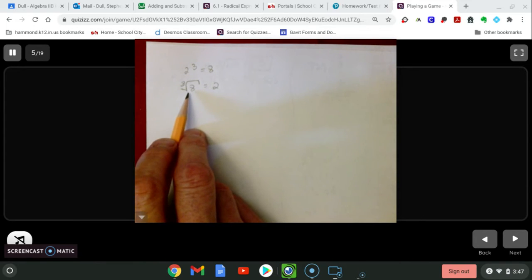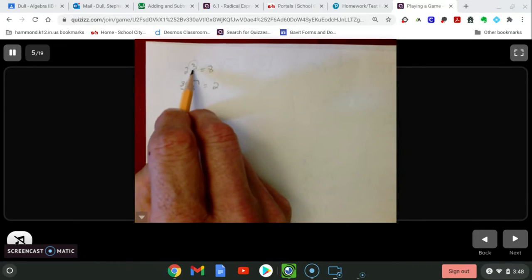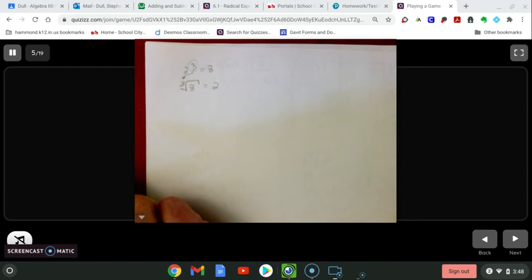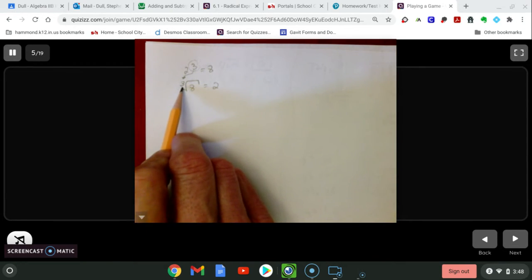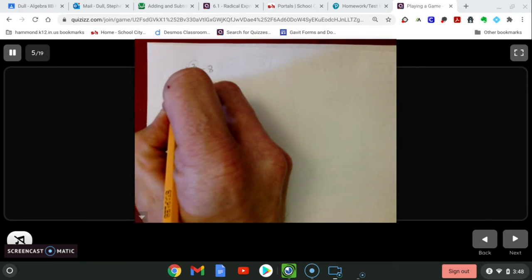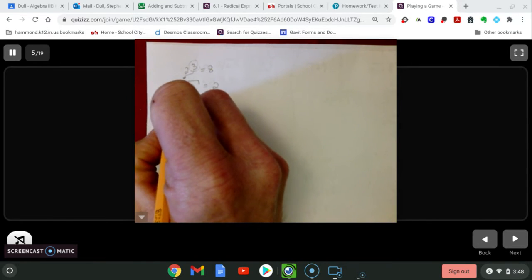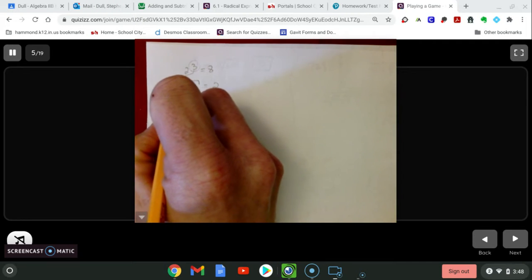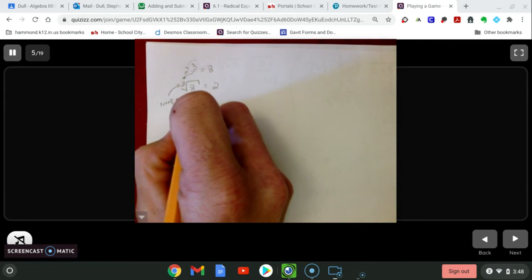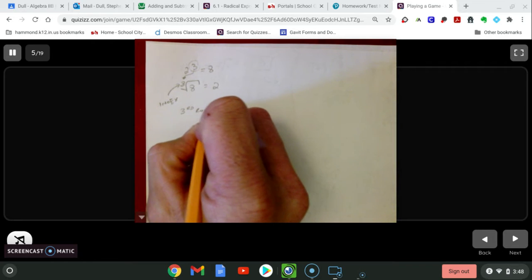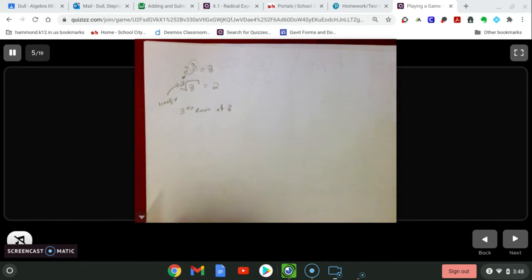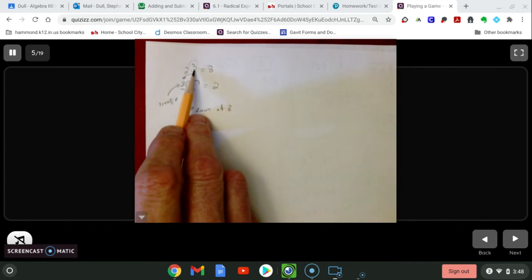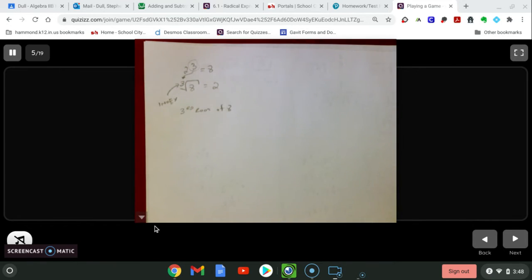We're going to take that radical sign, but we're going to take this exponent and indicate it on the radical, here in kind of the crook of the radical. And this is what's called the index. Okay, so the index is 3, and that tells me I'm taking the third root. See, the third root of 8. So the third root of 8 is equal to 2 because 2 to the third power equals 8.